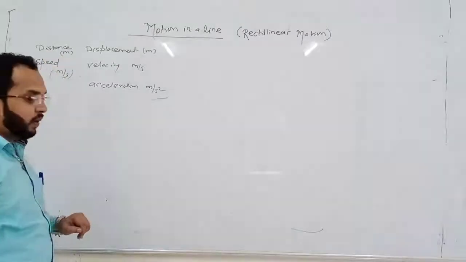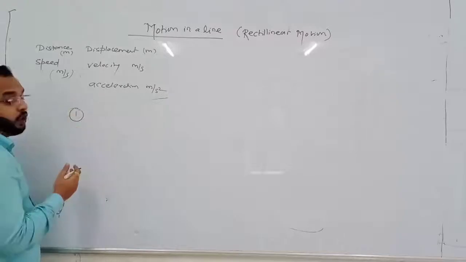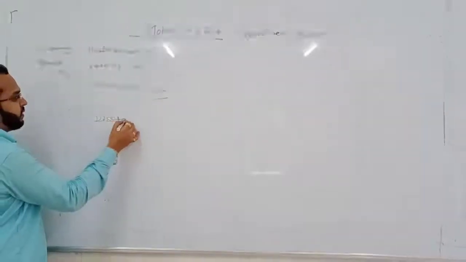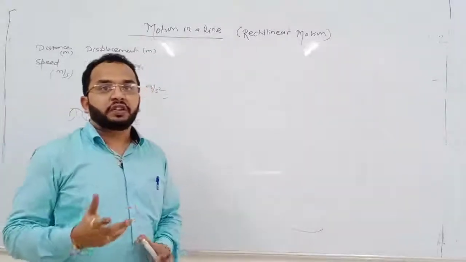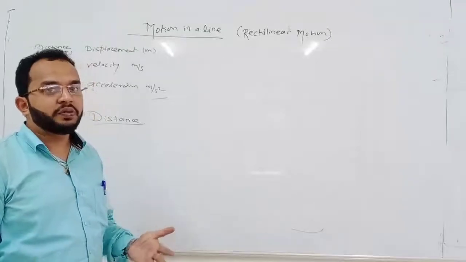Distance you know. What is meant by distance? So we are going through our chapter motion in a line. First point, what is distance? Distance is the actual path traveled by the object.